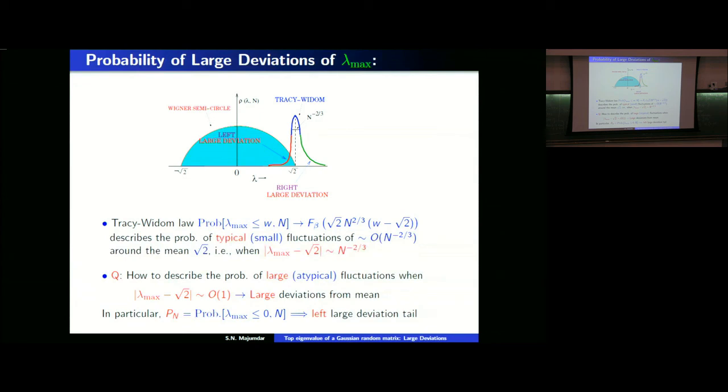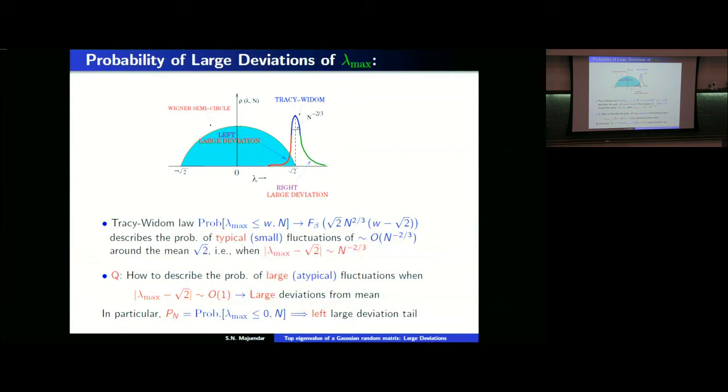Just like in the Gaussian problem, if you take the Tracy-Widom distribution and put W equal to 0, you won't get the right answer, because Tracy-Widom describes typical fluctuations and is not valid at the large deviation tail. So if I want to answer this original question, I need to really look at the large deviation tail.